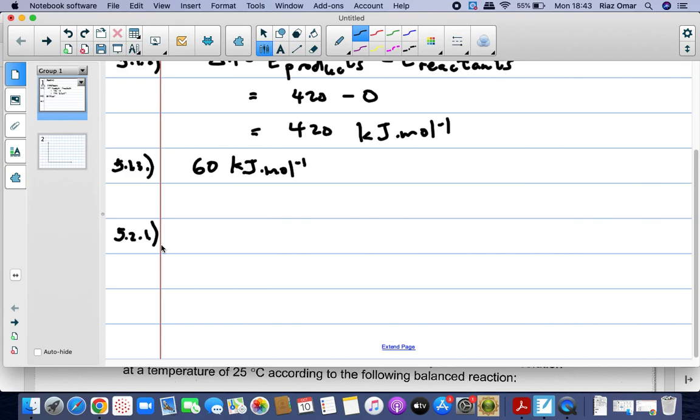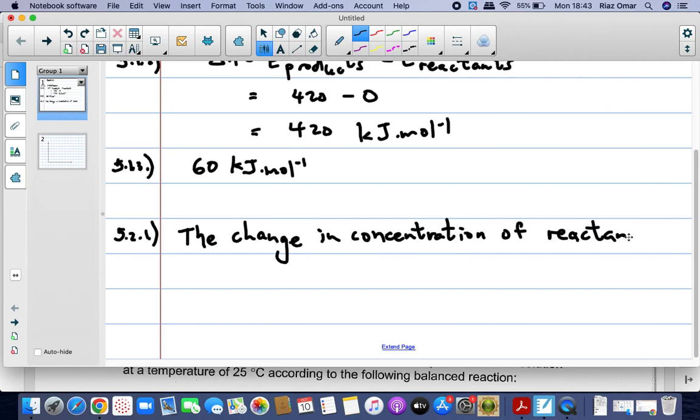The change in concentration of reactants or products per unit time. Okay, so that is the definition for 5.2.1.